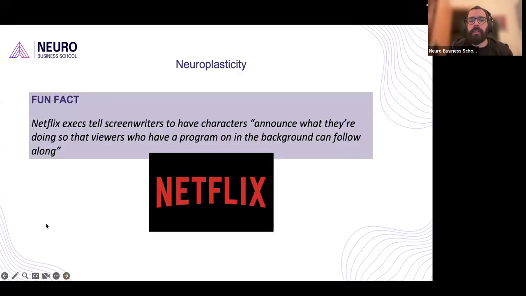Okay, let's talk about this fun fact for understanding how different companies, in this case Netflix, can change. This case is a good example of how a company is adapting its products, services, and model to this situation.